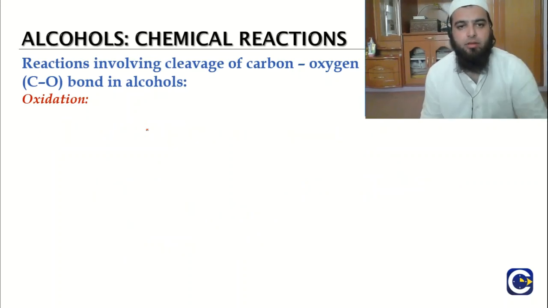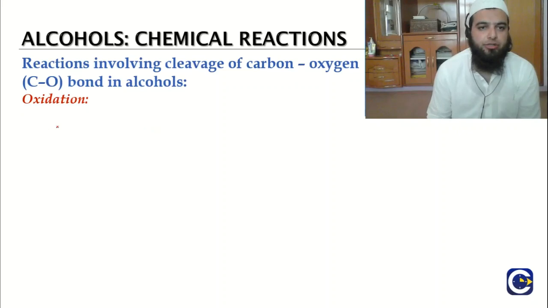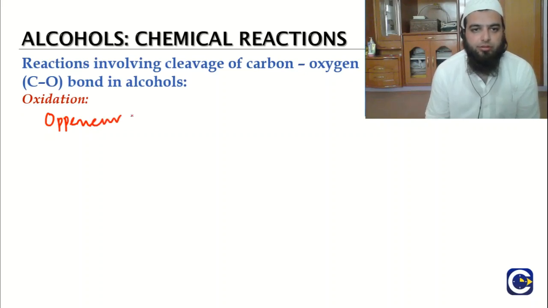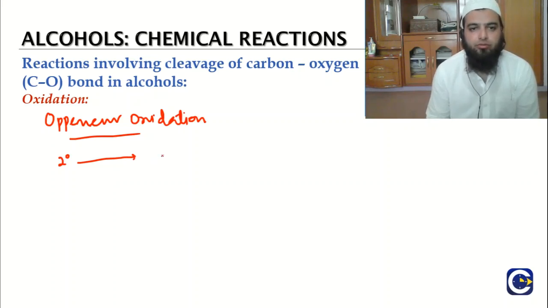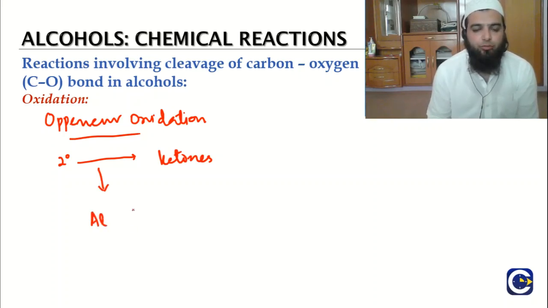Another important reaction for oxidation is the Oppenauer oxidation. This is a special reaction for the conversion of secondary alcohols to ketones. It specifically oxidizes secondary alcohols, and the oxidizing agent in this case is aluminium isopropoxide.